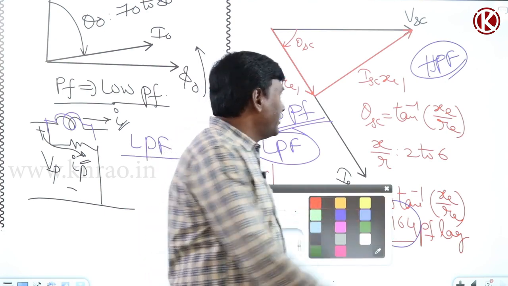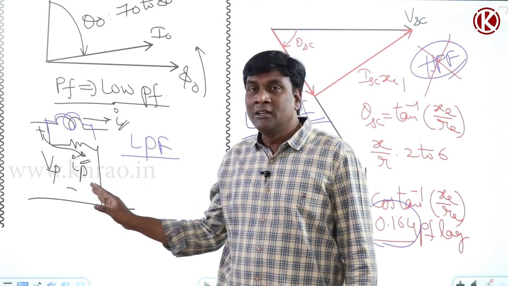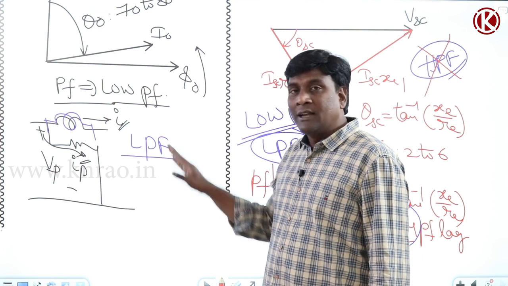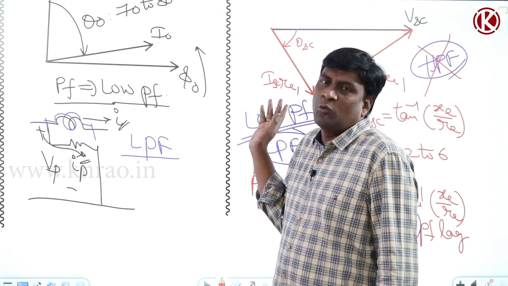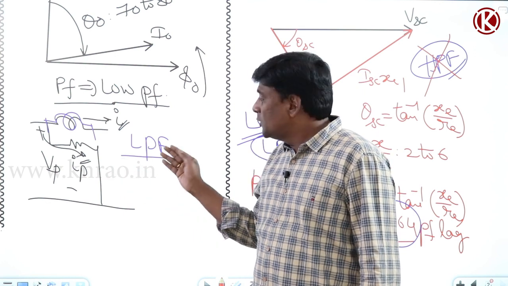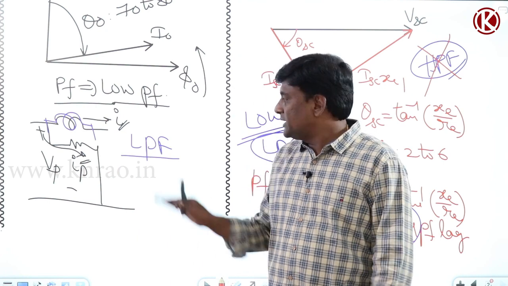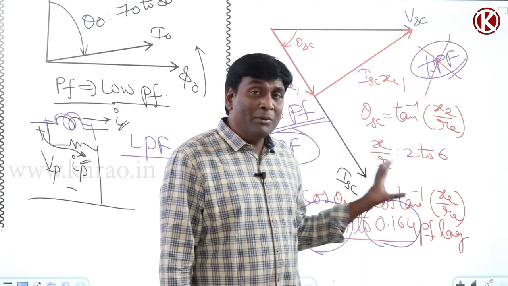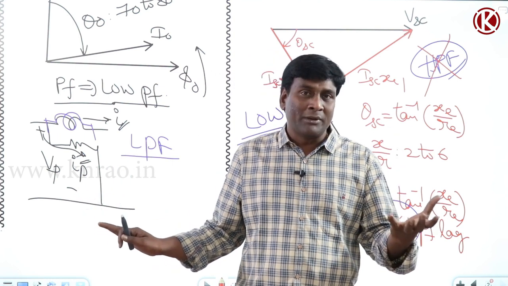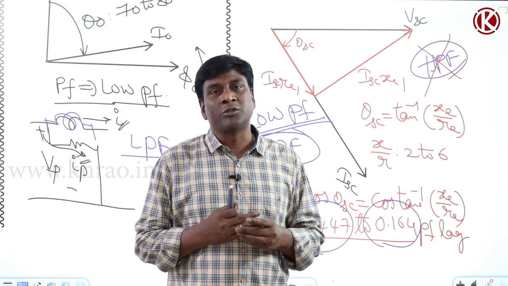A normal wattmeter, the unity power factor wattmeter, will be there, and another wattmeter which is compensated for low power factor will be there. There is nothing called an HPF wattmeter as textbooks suggest.